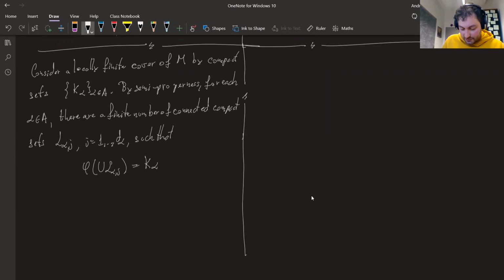Now the idea is that we're just going to compose each one of these L alpha j's with the morphism given by theta tilde.